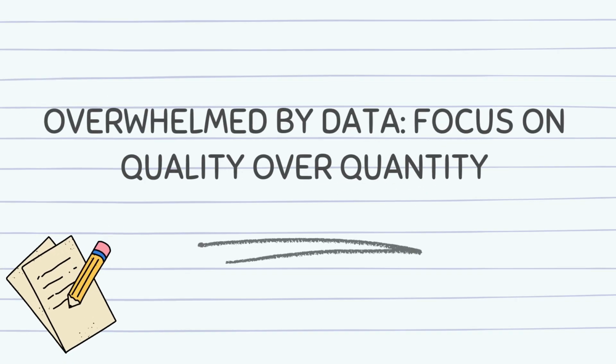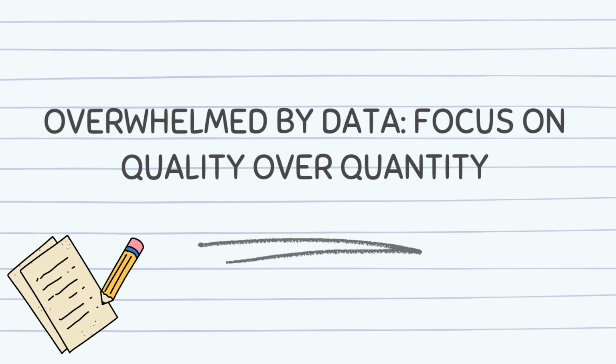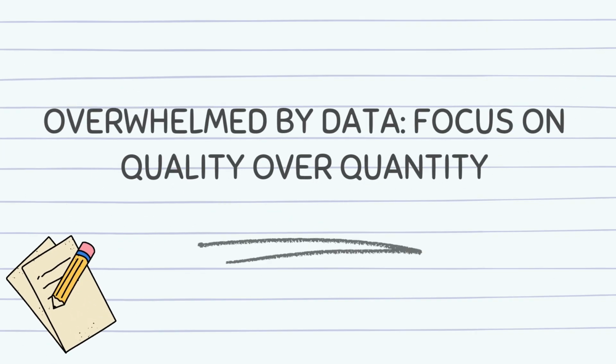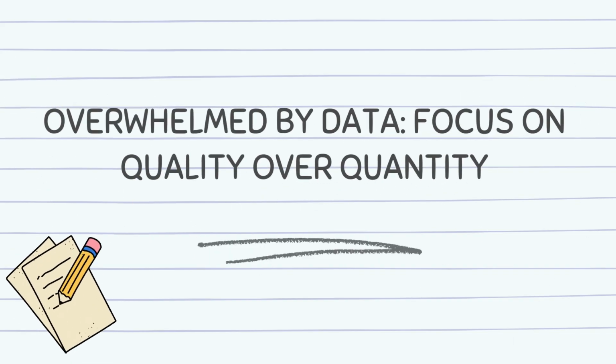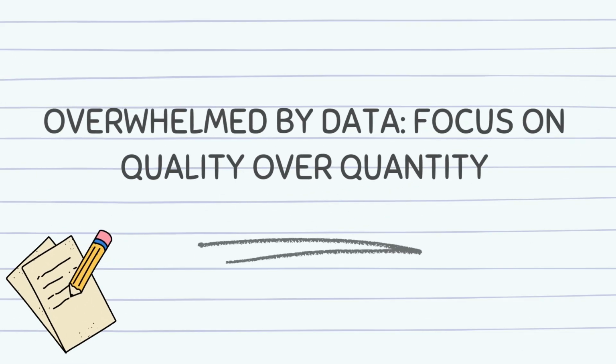Avoiding data overload: prioritizing quality over quantity in Chapter 2 of a thesis in writing. Chapter 2: Review of related literature. It is common for researchers to gather vast amounts of information. However, including excessive data without proper organization can lead to information overload, making it difficult for readers to grasp the study's relevance.